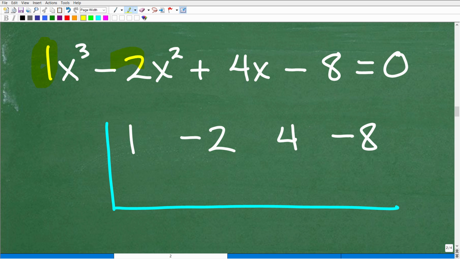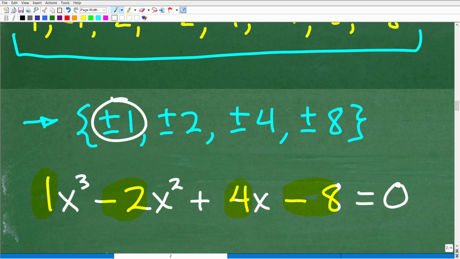So we have 1, negative 2, 4, and negative 8. You can see we're just going to write them in this order, and we make a little bracket, like an L bracket, just like that. There's another format that you can use, but this is the most common. All right, so that's step 1. So let's go ahead and check one of the roots right now.